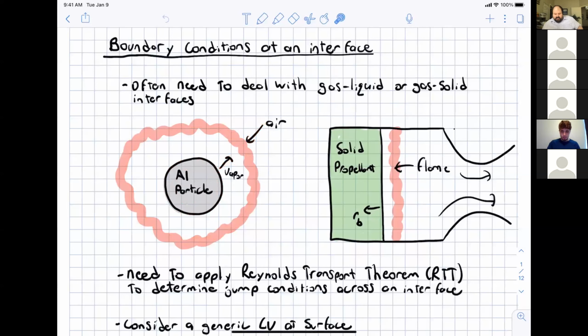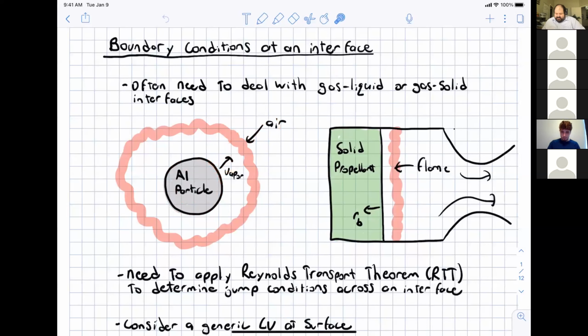But in order to model this, we need to know what's going on at the surface so that we can have an appropriate boundary condition to apply, so that we can model the gas phase combustion, but yet account for all the vaporization and all the other effects on the aluminum particle.